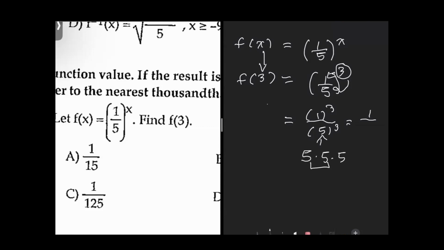So 5 times 5 is 25. And then 25 times 5 will be 125. So therefore, 1/5 raised to the third is 1 over 125. That is the value.